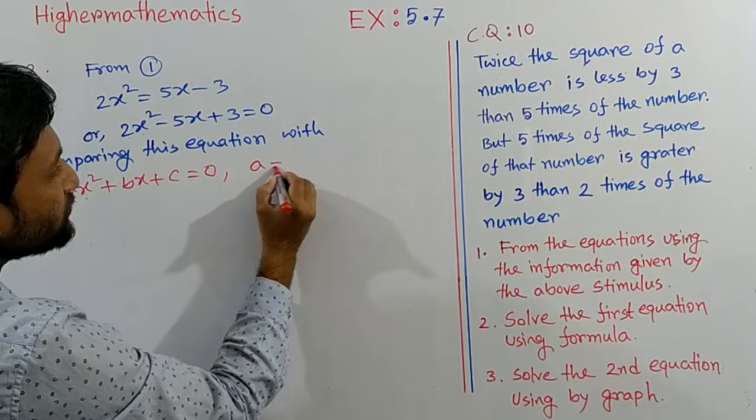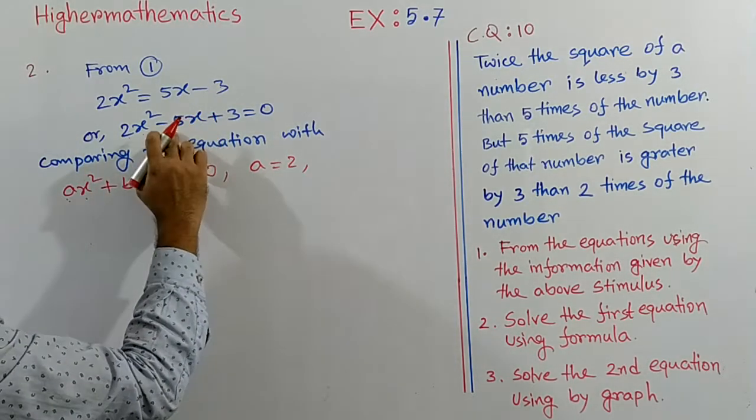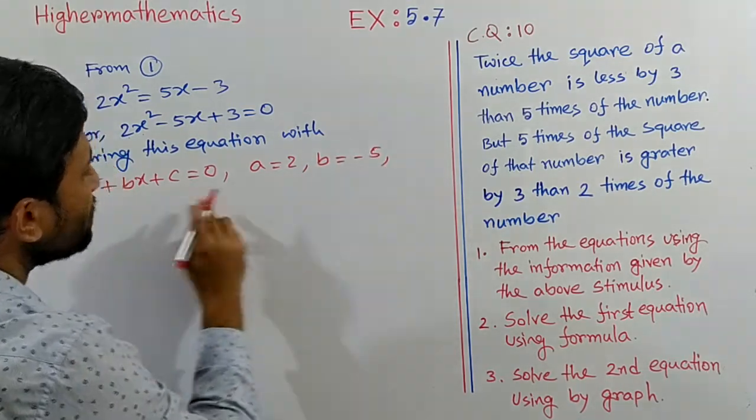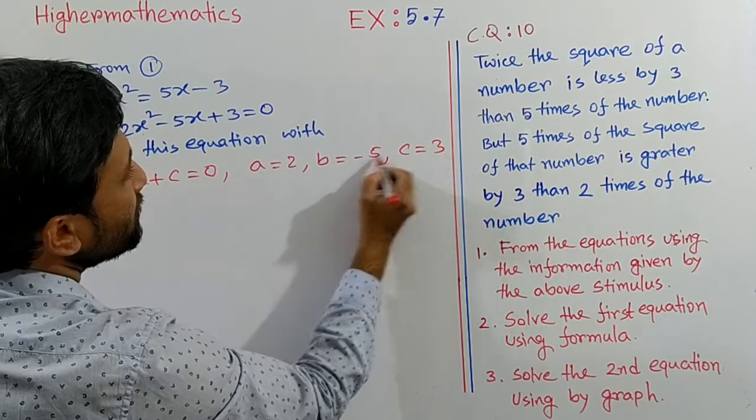That means a equals 2. The coefficient of x is b, and here the coefficient of x is minus 5. That means b equals minus 5. And the constant term is c, and the constant term is 3. That means c equals 3.